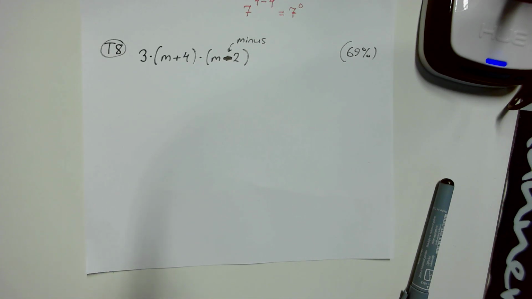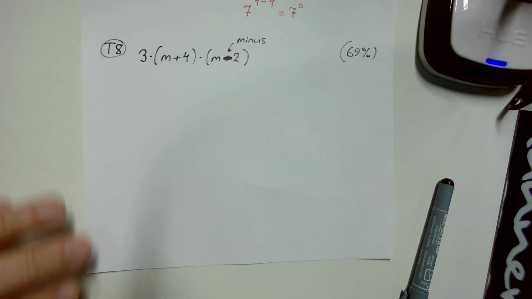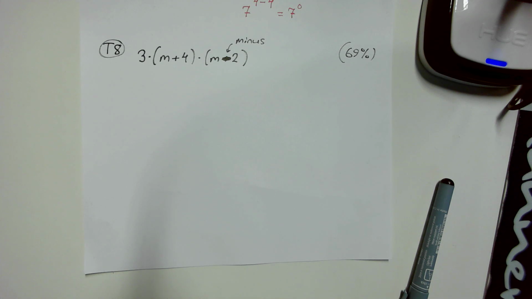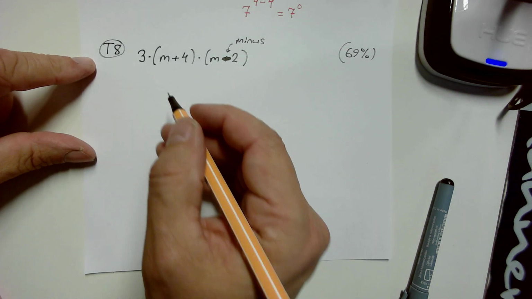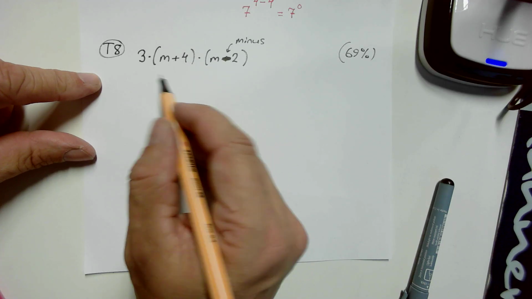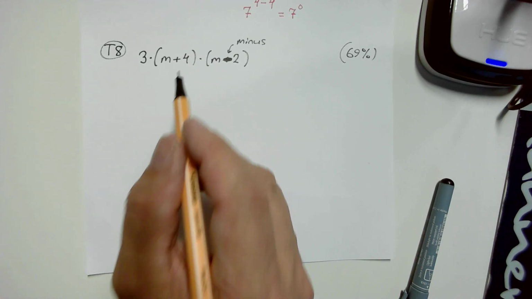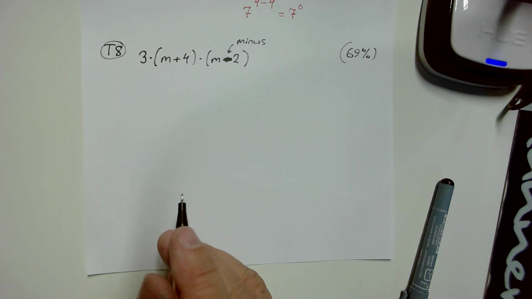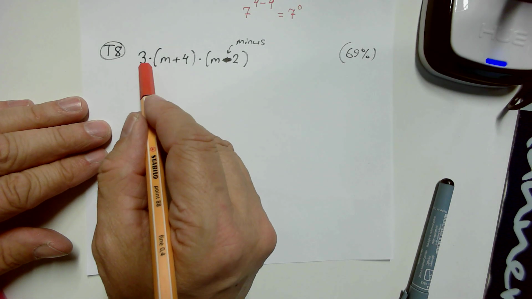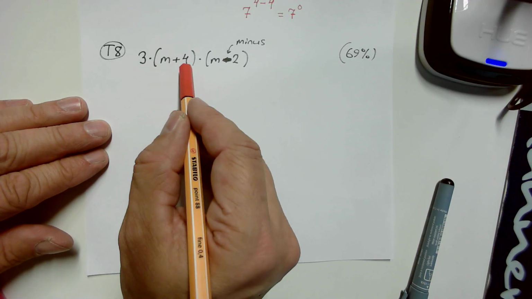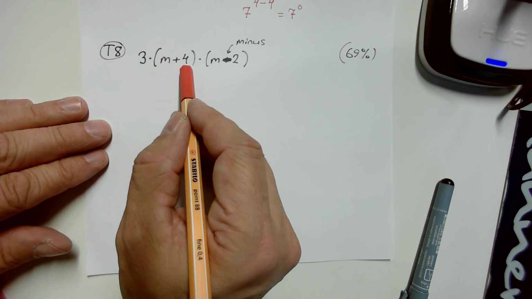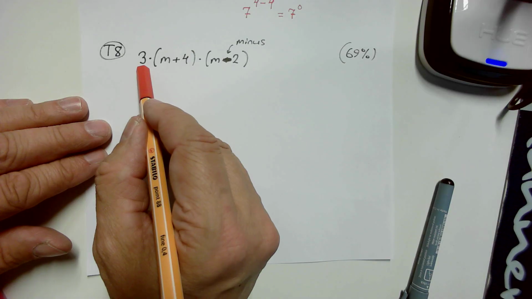What would you do in this? There is multiplication here, and again the order is not important. So it is possible to first multiply the first brackets, m and plus 4 inside the brackets, with 3.